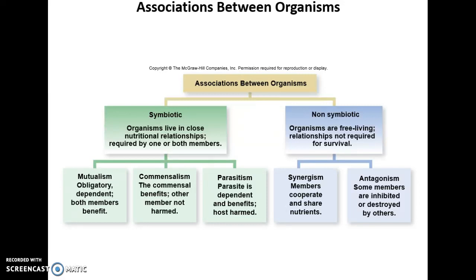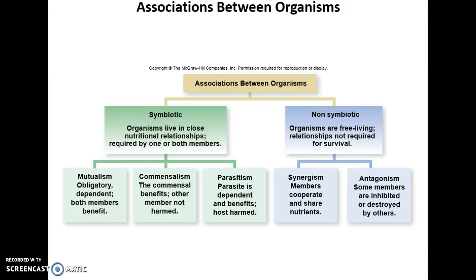And then parasitism, the parasite is dependent and benefits, the host is harmed. So if an organism from our GI tract gets into our urinary tract, that causes an infection, and that organism that was once living in a mutualistic relationship is now a parasite and causing us harm.